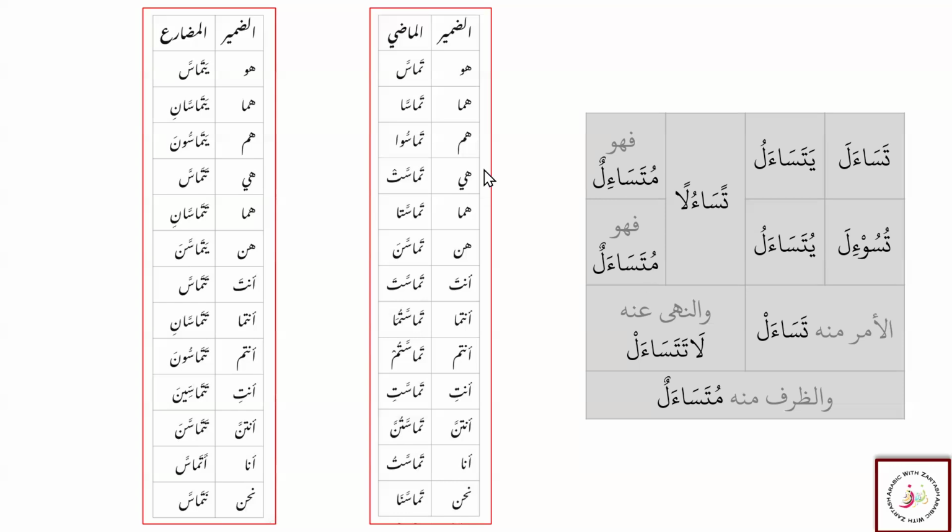We are going to do the sarf kabir and see the changes for hunna till nahnu in the madi, like breaking: hunna tamasasna, anta tamasasta, antuma tamasastuma, antum tamasastum, anti tamasasti, antunna tamasastunna, ana tamasastu, nahnu tamasasna. Then for hunna and antunna we only see the change in the faili mudare.